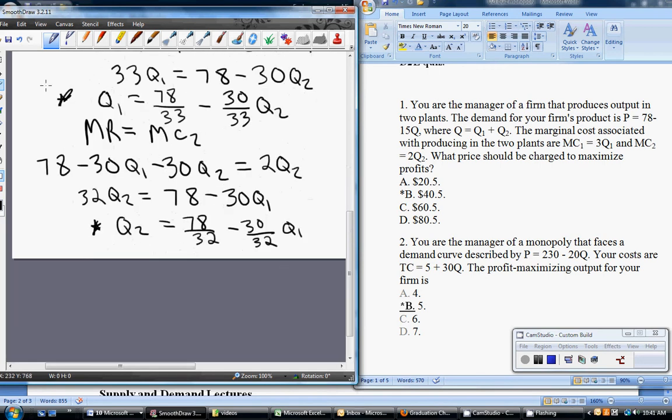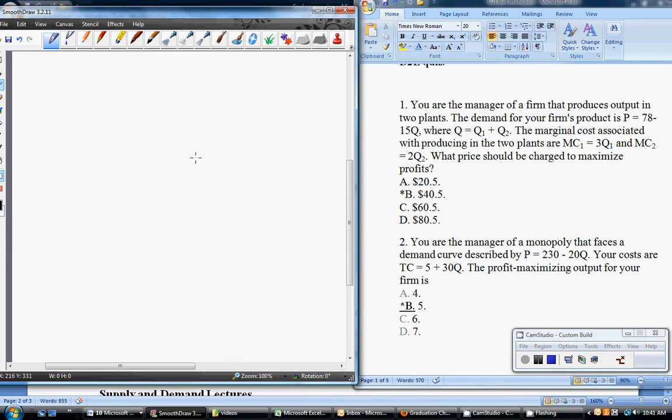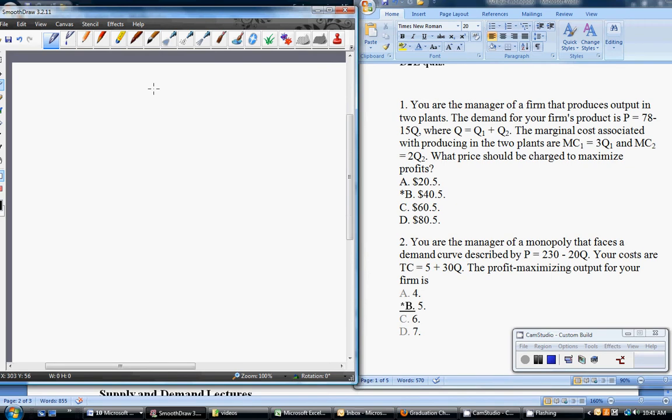So let me go on over here and clear the screen. Okay, so the output in plant 1 we said equaled the following.